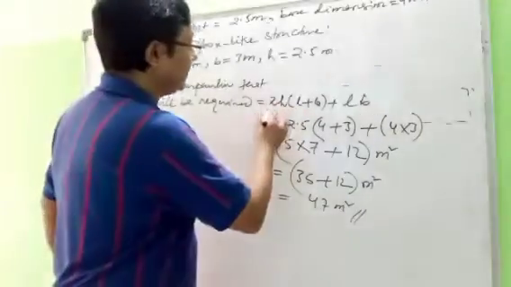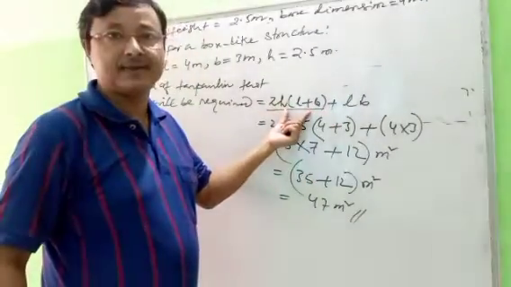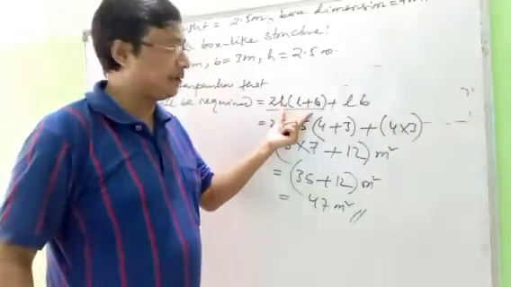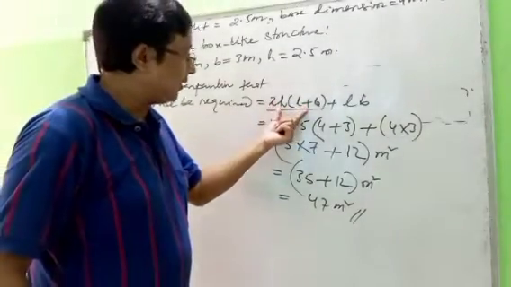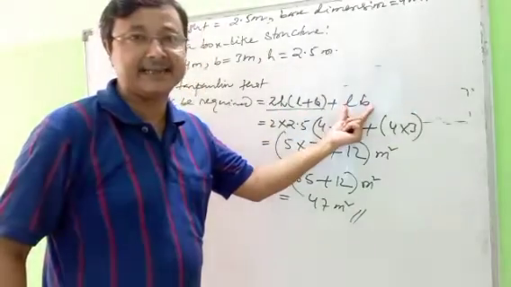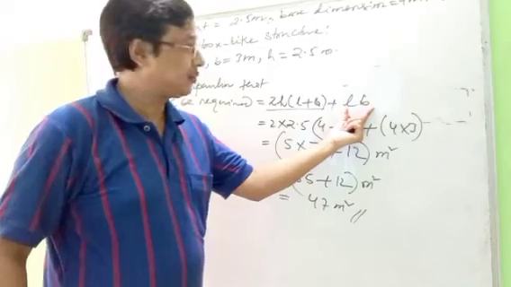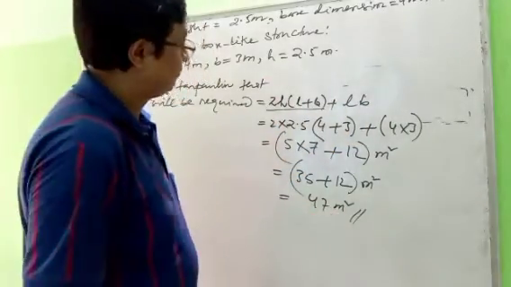That is why this is the area of the four walls, twice into L plus B. This is called the lateral surface area, or in simple words, the area of the four walls, and this is the area of the ceiling, that is the top surface. So then you got 47 meter square. So thank you.